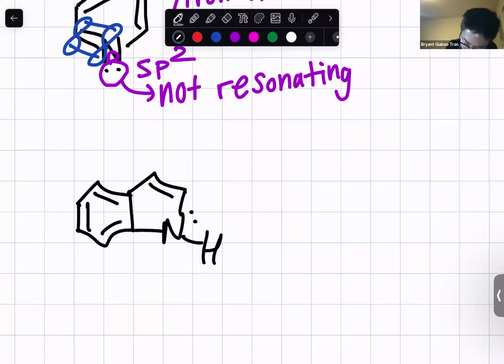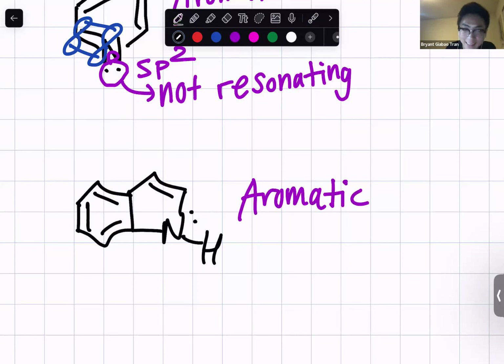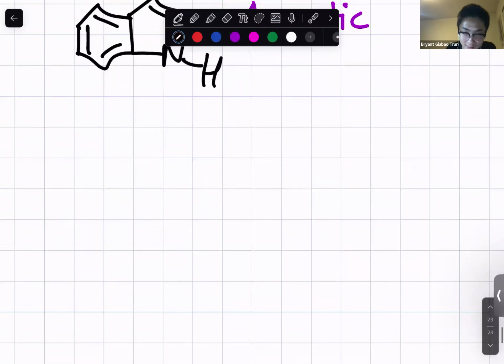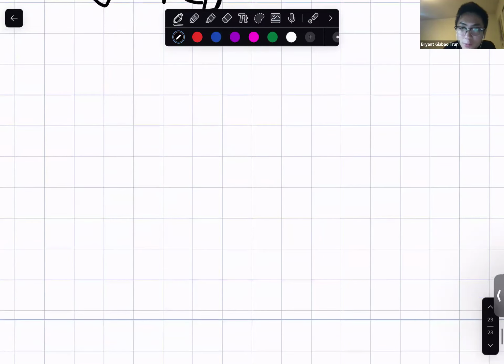Yes, because we have lone pair, 1, 2, 3, 4, 5, an odd number of pairs, aromatic. Yes. Okay, let me give you some different ones that are aromatic. Let's see. Okay, let me give you five double ones.